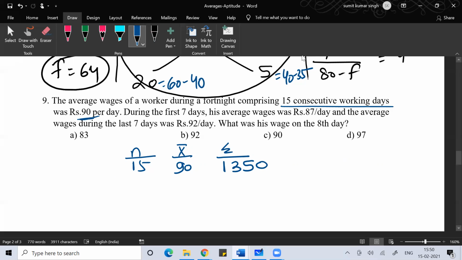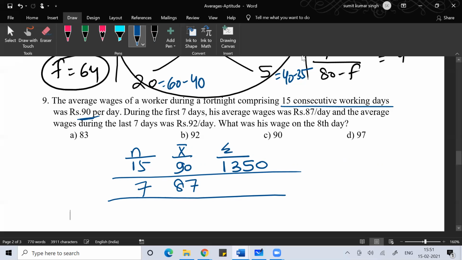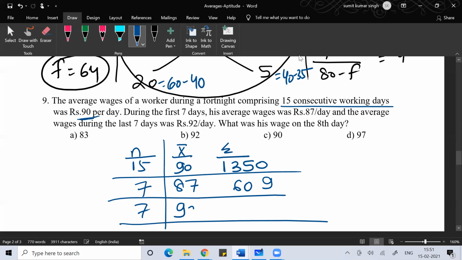During the first 7 days of this 15, the average was 87. The total will be 609. And in the last 7 days, the average was 92. 92 sevens is 644.